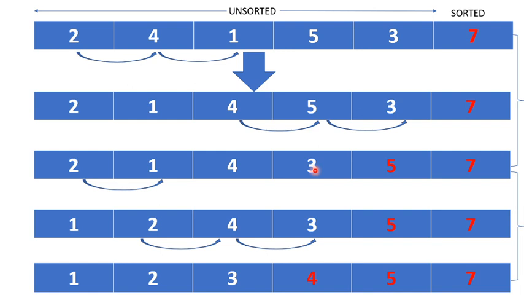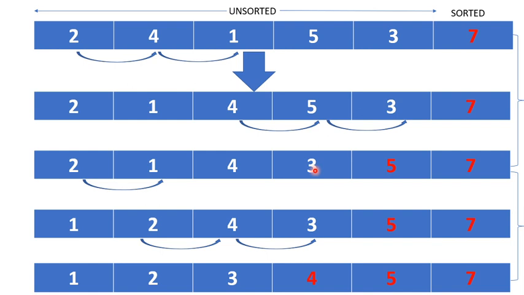Okay, now pass 3 is completed. Now after pass 3 you will see that the list is already sorted, but the point is, in bubble sort, how many passes are required?